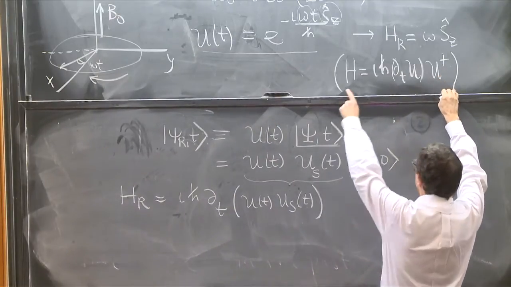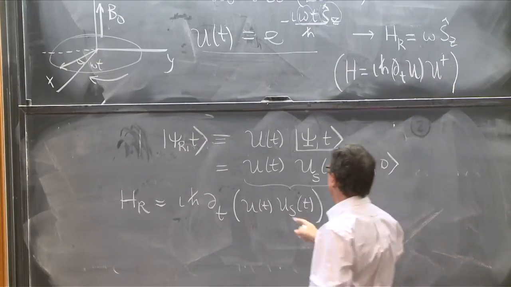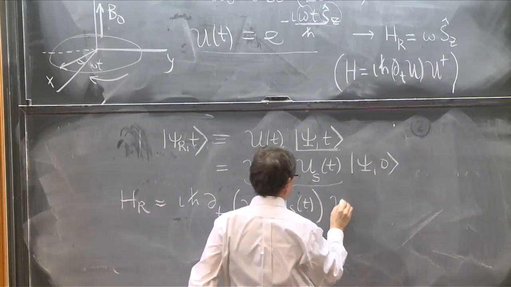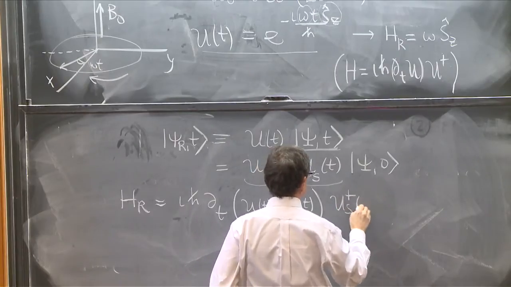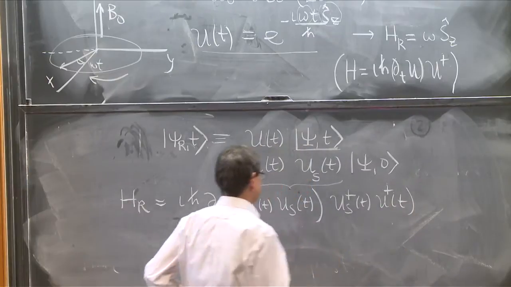Because this is the general formula to obtain the Hamiltonian when you know the time evolution operator. So the dagger of this would be U_S dagger U of t dagger.